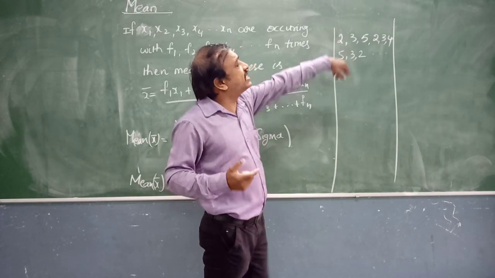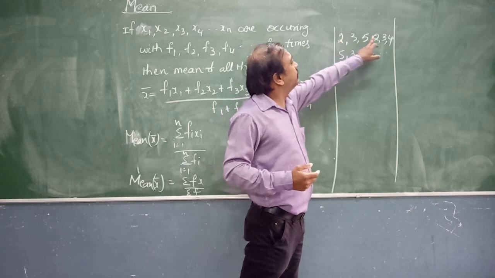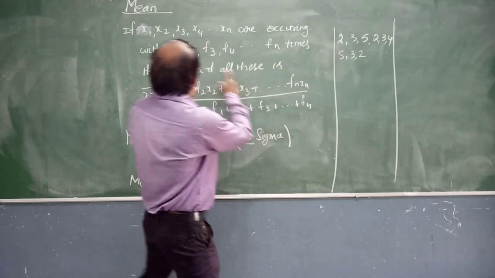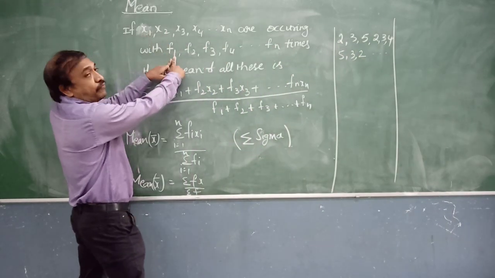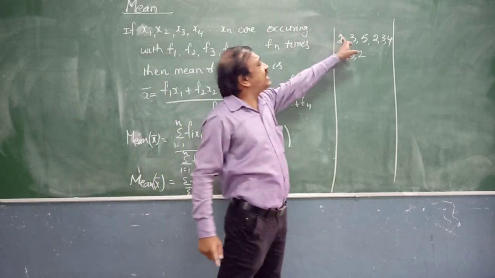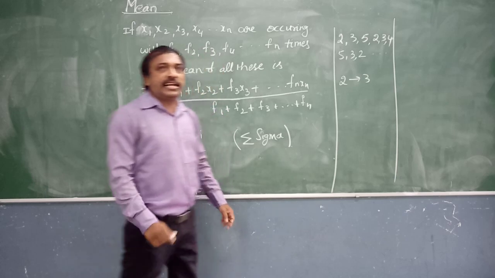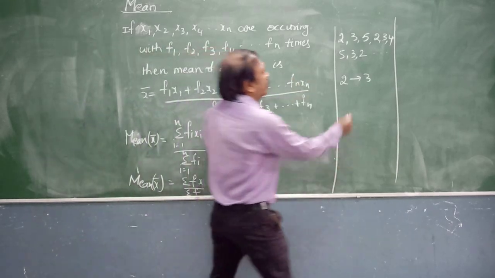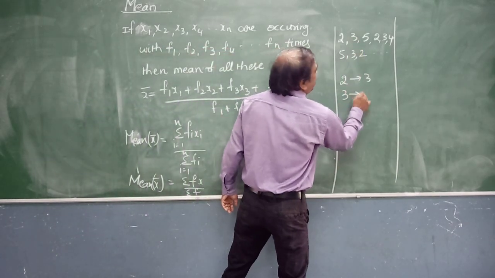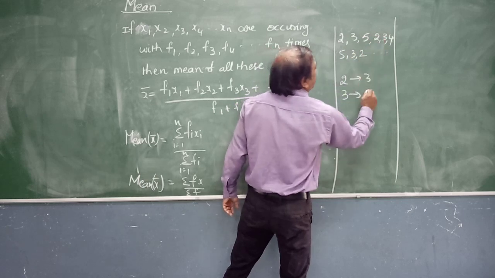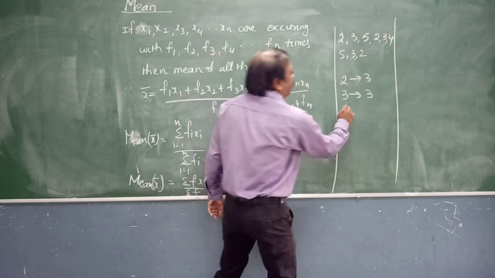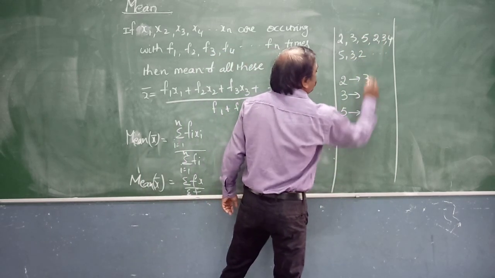How many times is 2 repeating? 1, 2, 3 times. So x1 is occurring f1 times. That means 2 is occurring 3 times. Now 3 in the data: 1, 2, 3, it is occurring 3 times. 5 in the data is occurring 2 times.